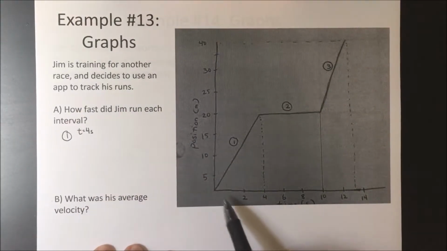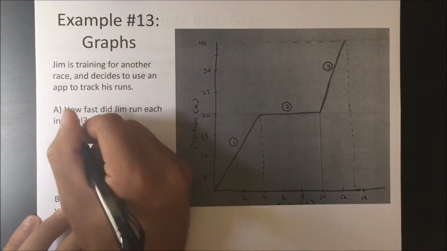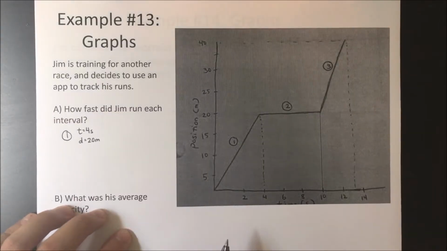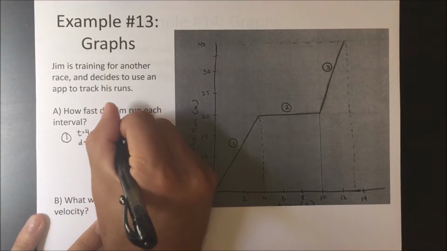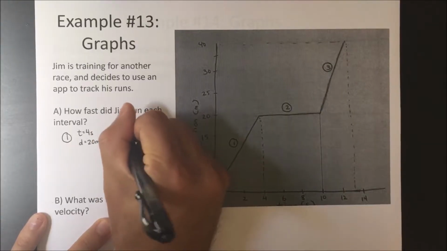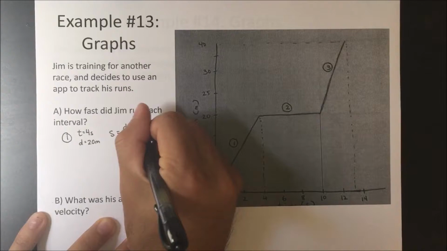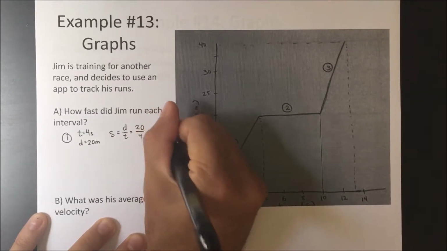And the first interval, he travels also a distance of 20 meters. So distance equals 20 meters, time equals 4 seconds, and now what we can do is we can find the speed. Speed is equal to distance over time, which gives us 20 divided by 4, which is equal to 5 meters per second.